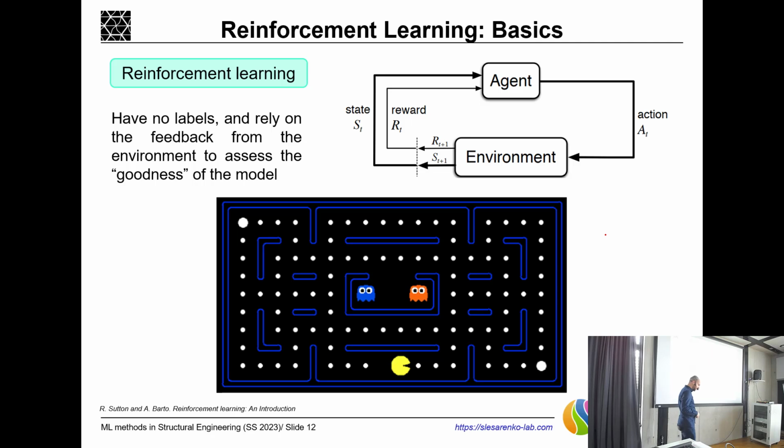That's another example, Pac-Man. It's a very cool game to play with reinforcement learning. What would you consider actions here? How many actions do we have for Pac-Man? 4. Again, right, left, whatever. What would you consider as the state of the game?